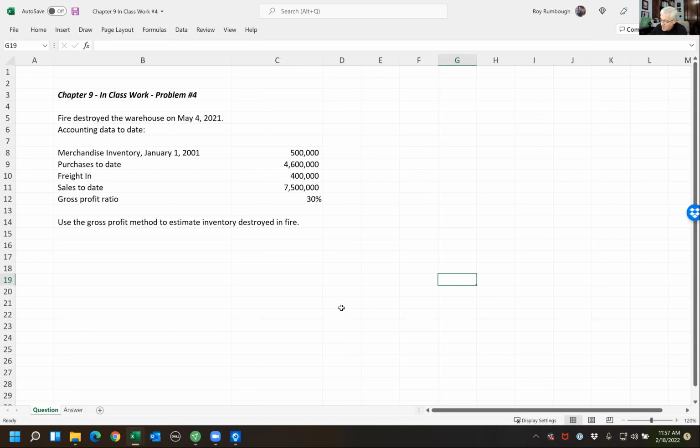So now all we need to do to find ending inventory is subtract available for sale minus our cost of goods sold, 5,250, and we have ending inventory.